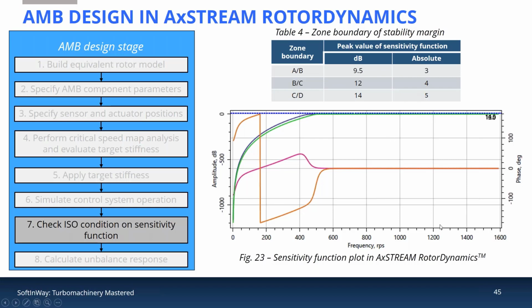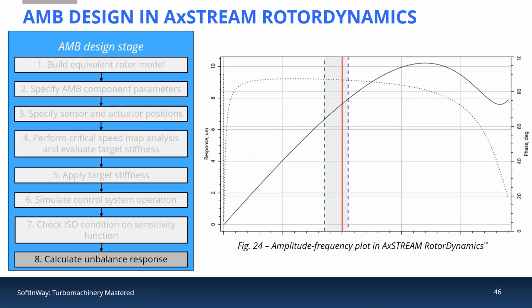As you remember from the standard slide, we need to have our rotor in zone A to make sure it is 100% stable. So peak values of sensitivity functions lower than 9.5 decibels correspond to fully stable rotor motion. And at the next step, the unbalanced response of the rotor in AMBs should be calculated to determine the actual peak values of displacements during its vibrations.